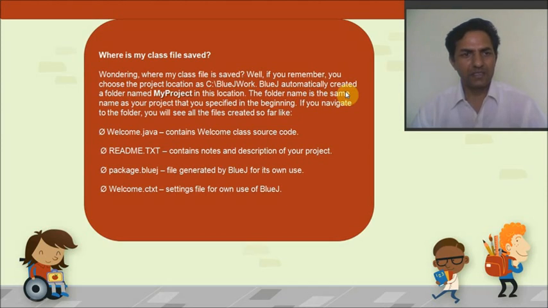If you navigate to the folder, you will see all the files created so far, like welcome.java, containing the welcome class source code; readme text, containing notes and description of your project; package.bluej, the BlueJ package file generated by BlueJ for its own use; and welcome.ctxt, a setting file for BlueJ's own use. These files will be created automatically.